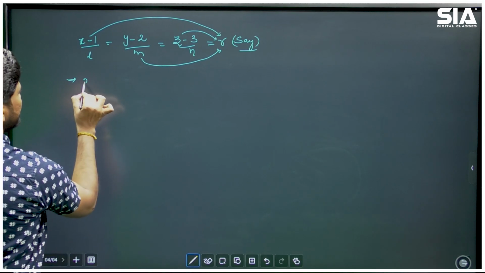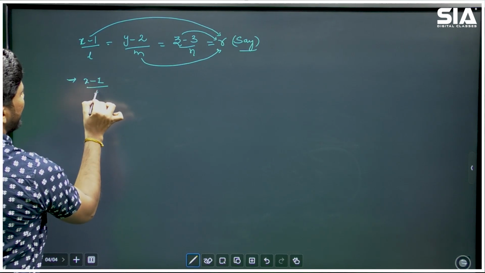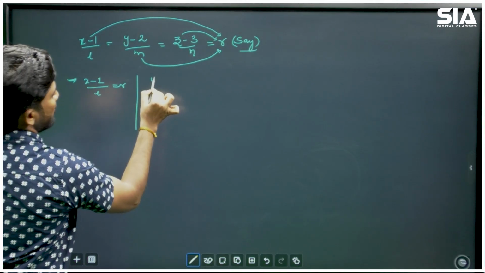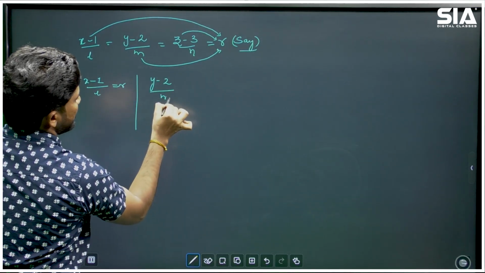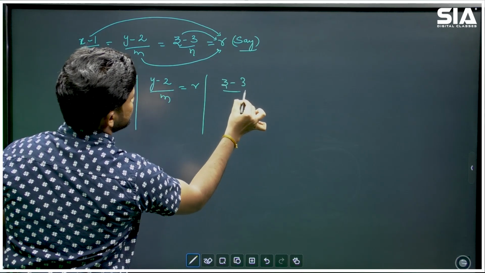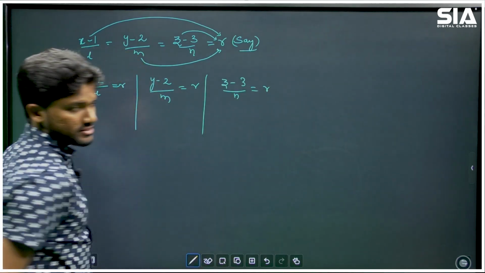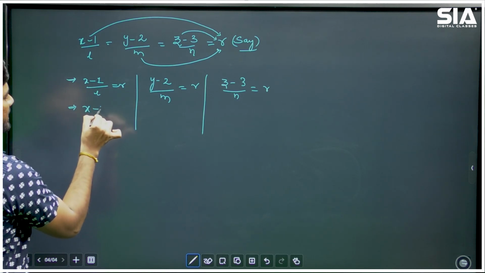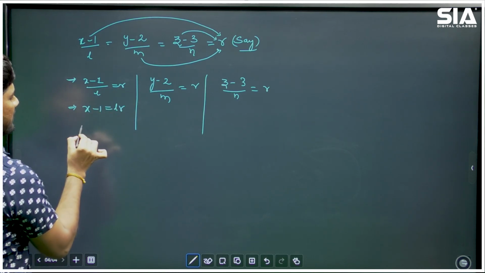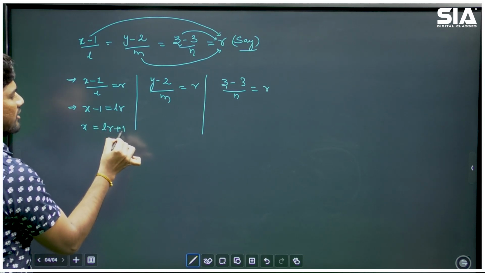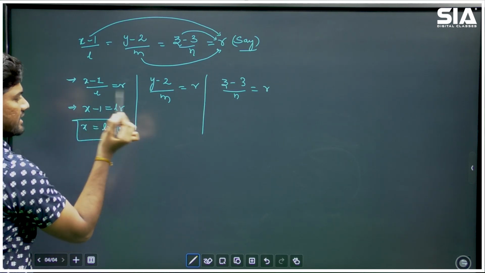From this equation, (x minus 1)/l = r is the first condition, (y minus 2)/m = r is the second condition, and (z minus 3)/n = r is the third condition. Now send the l value to the right side: x minus 1 = lr. Sending minus 1 to the right side, x = lr + 1.